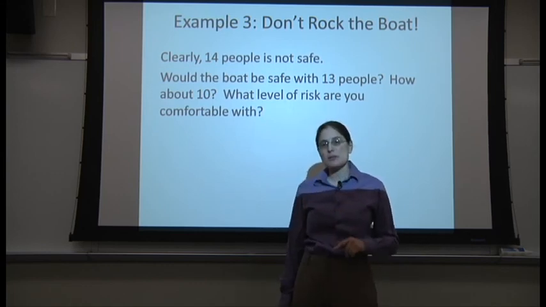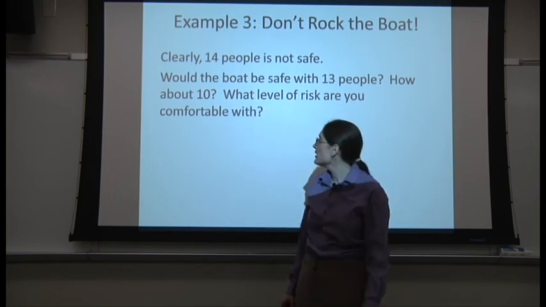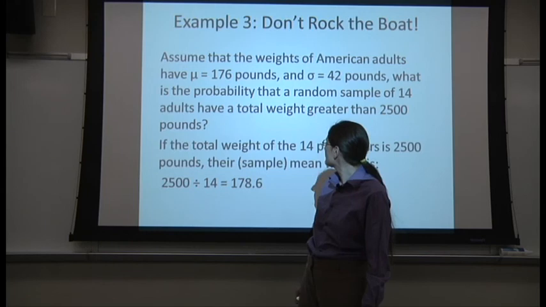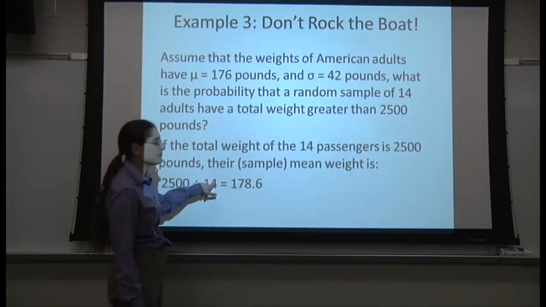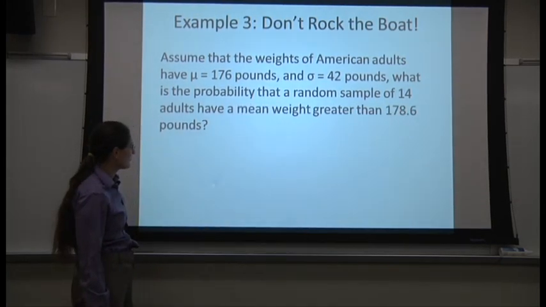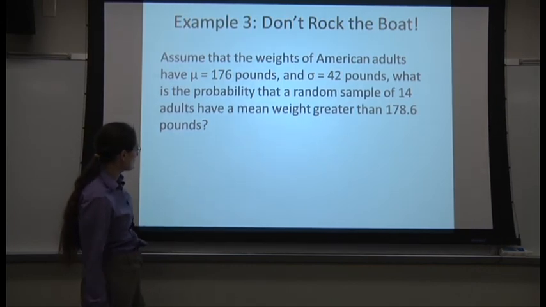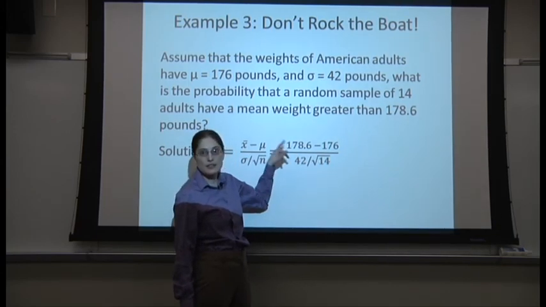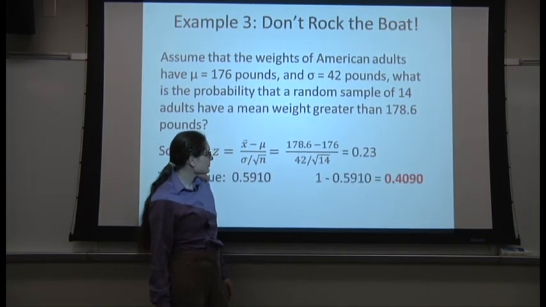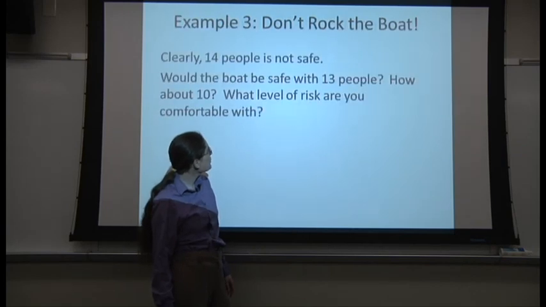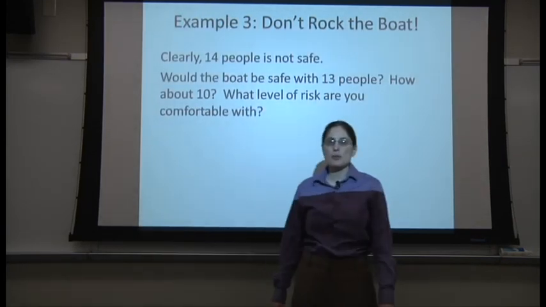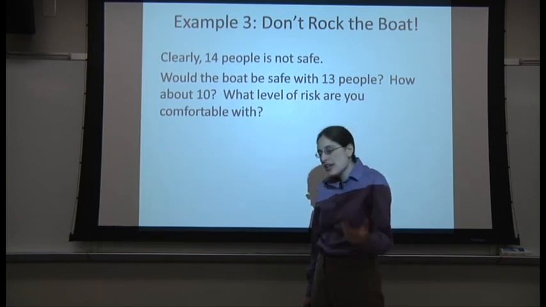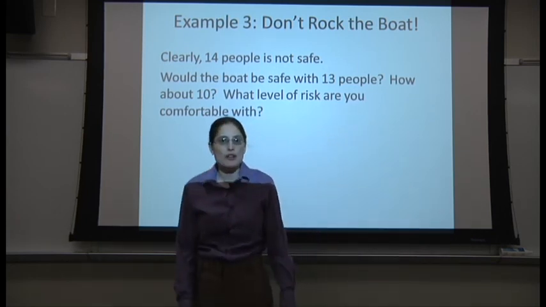Remember, 13 people would have a bigger sample mean because we'd have to go back to this, which would change this to 13 and this to something bigger. So you find the probability that the boat is too heavy with each of those numbers. And then, decide whether you're comfortable.